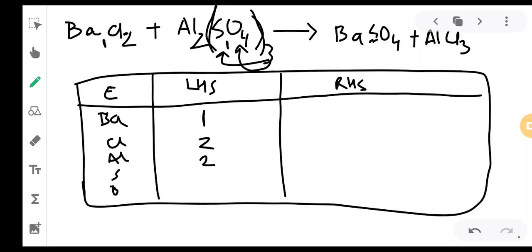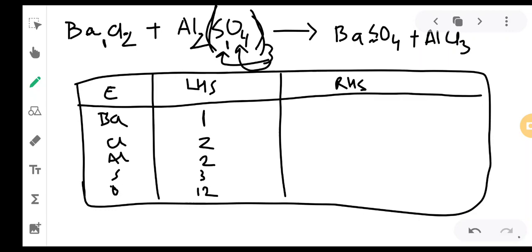So how many sulfur are there? 3 into 1, so there are 3 atoms of sulfur. And how many atoms of oxygen are there? That 3 is multiplied to every atom. So 4 atoms of oxygen into 3, there are a total of 12 atoms of oxygen on the left hand side.